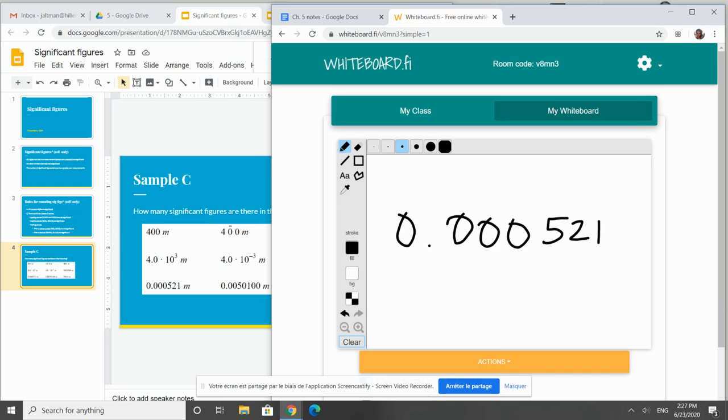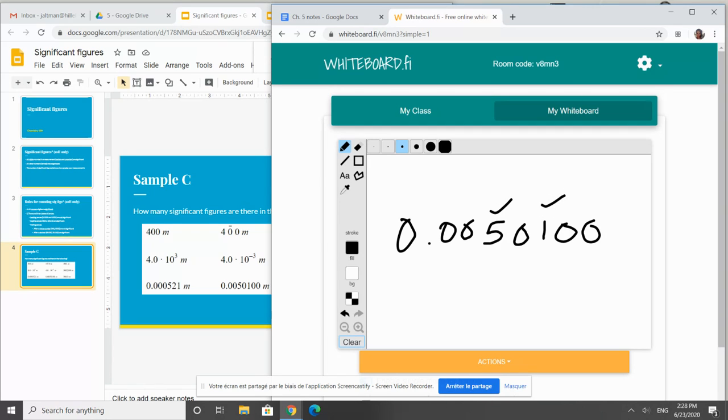Right, so the zeros here are leading, because there's nothing before that decimal, so they are not significant. Then everything else is, so this is 3 sig figs. Next, the 5 is significant, the 1 is significant.